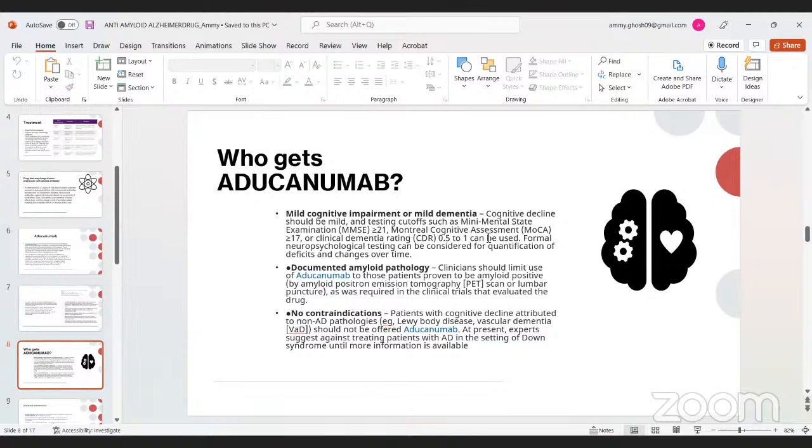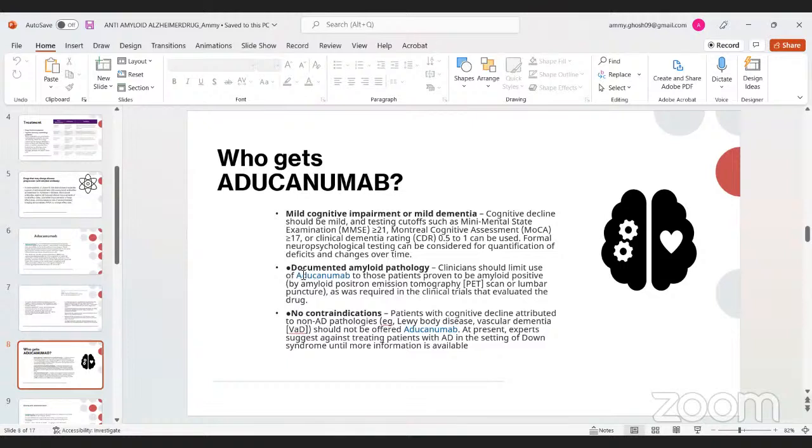Then a Montreal Cognitive Assessment score should be more than 17, and CDR, which is Clinical Dementia Rating, should be 0.5 to 1.